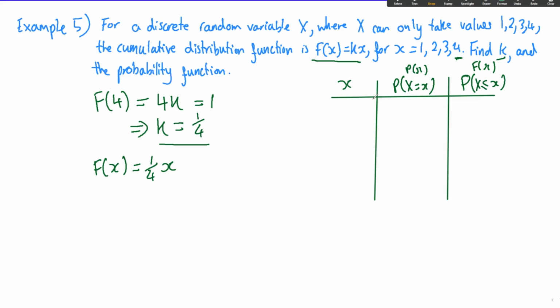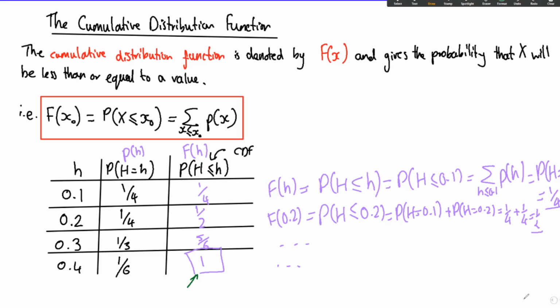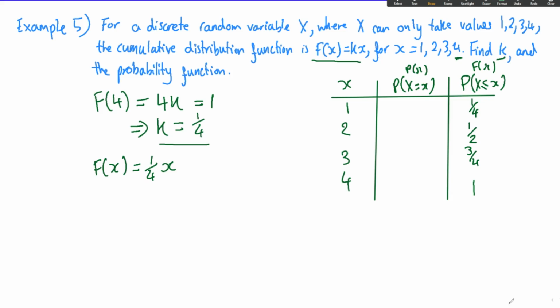When x is 1, 2, 3, and 4, we can find out what this is. If we use this formula, when x is 1, we substitute x as 1 and we get 1/4. When it's 2, it's 1/4 times 2, so it's 1/2. And so on and so forth, we get 3/4 and 1. Now you can see it's kind of like what we did last time, but it's the other way around. This time we have this column and we're trying to find this rather than vice versa.